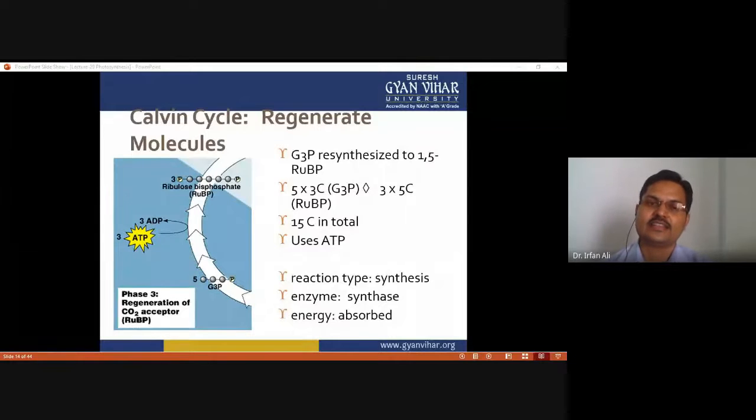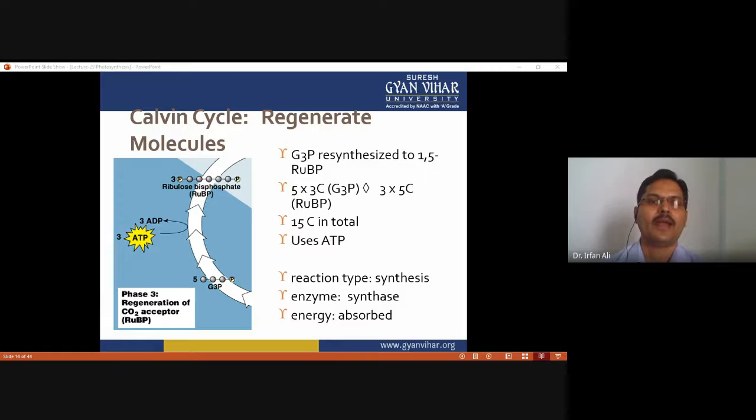The glycerate 3-phosphate is resynthesized to 1,5 RuBP, that is ribulose bisphosphate. 5 into 3, how many? 15. And 3 into 5, how many? 15. So the number of carbon doesn't change. 15 carbon is at the previous step, and 15 carbon is there at the next step. So there is no change in the number of carbon.